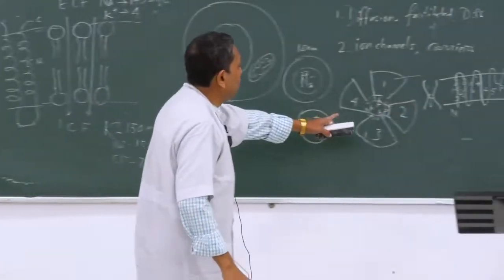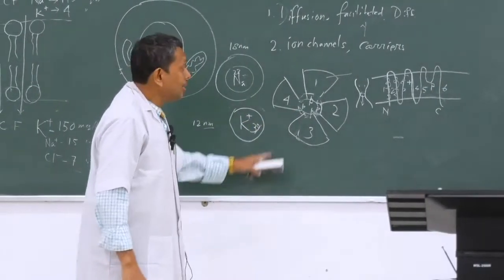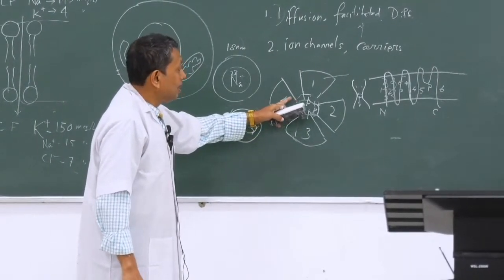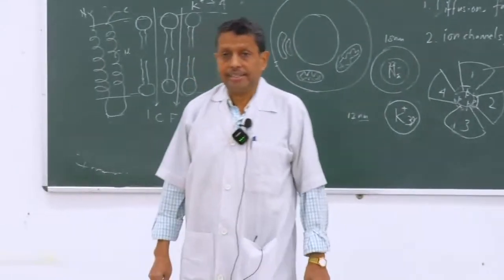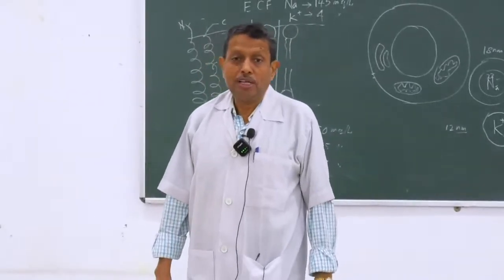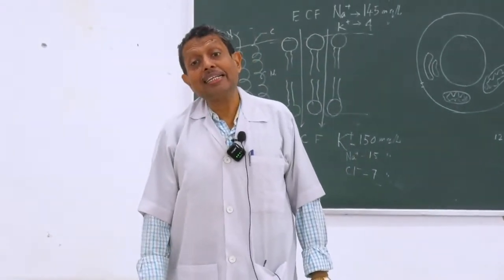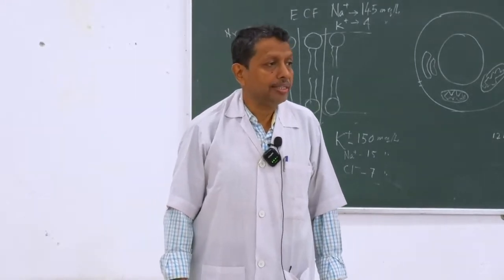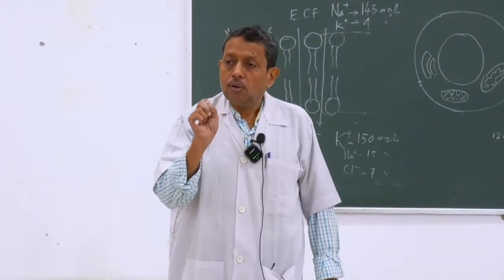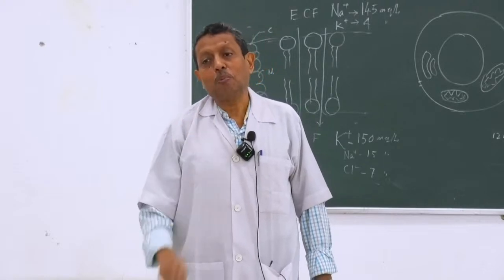Now, in the case of potassium, these channels may be leak channels, and some are gated channels: voltage-gated channels and ligand-gated channels. When a particular ligand molecule binds with it, it becomes open.